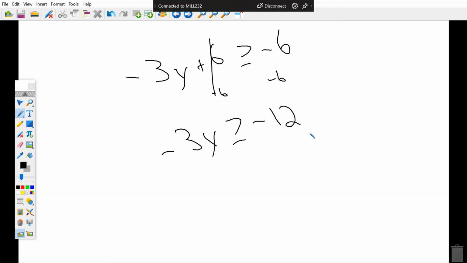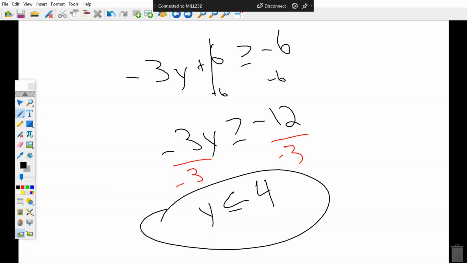Now, if you recall from grade 9 math, when you're solving inequalities, if you divide or multiply both sides by a negative number to get the y by itself, your inequality sign flips. So this goes from greater than or equal to, to less than or equal to.